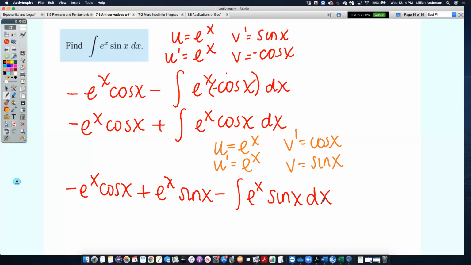So look at the integral of e to the x sine x dx. This essentially is, like you said, the original from what we had before. This is equal to this.